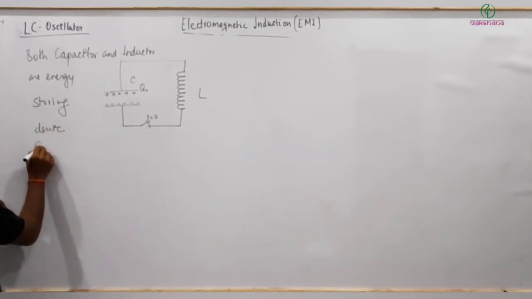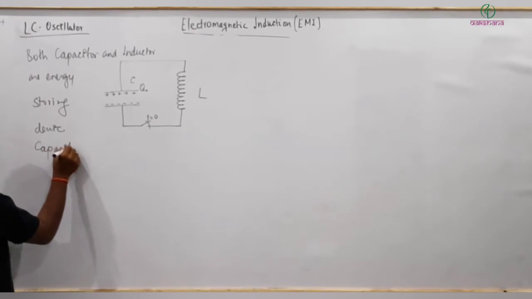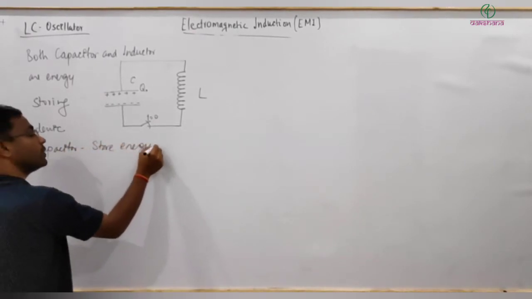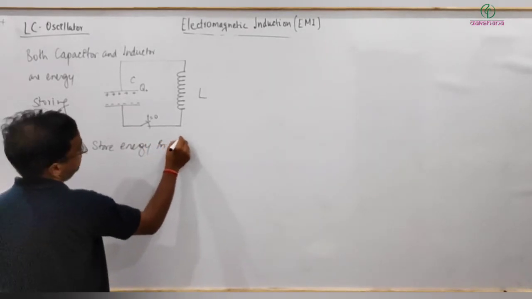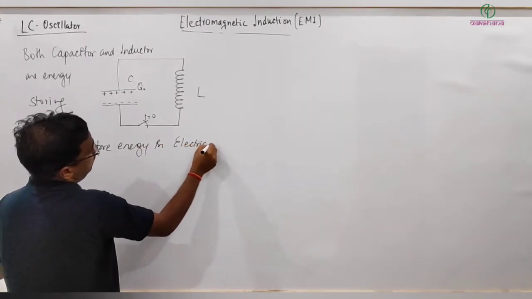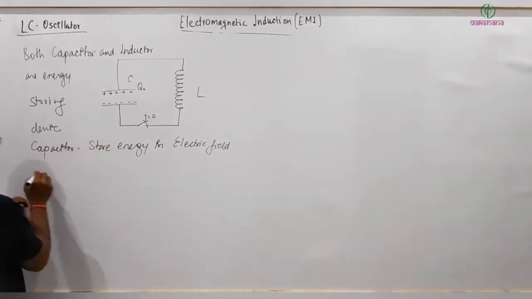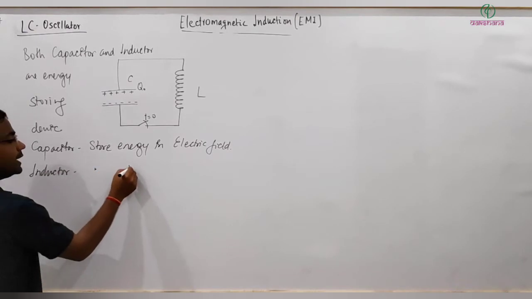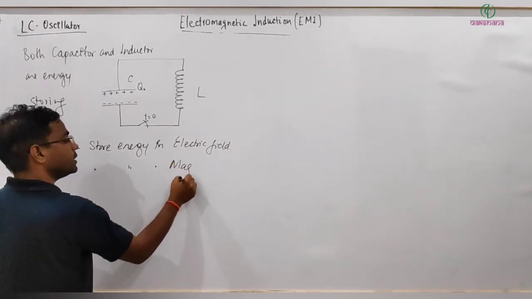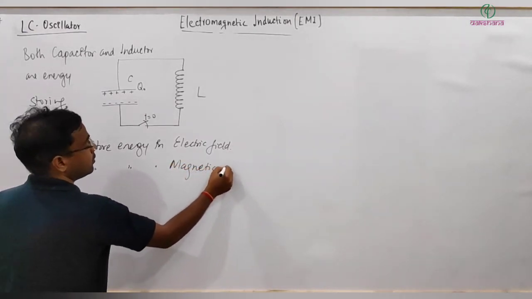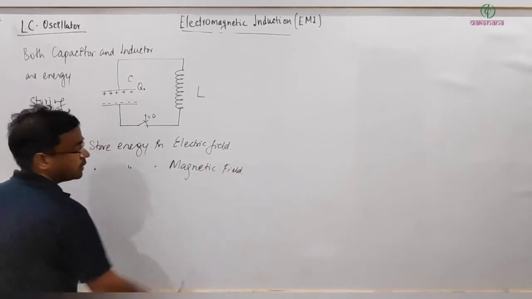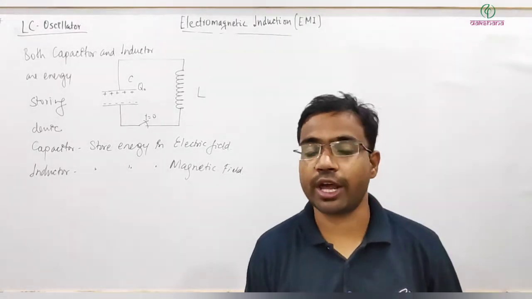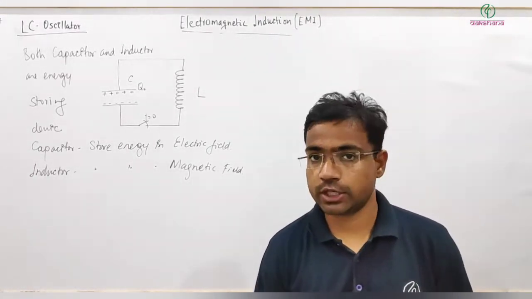So capacitor stores energy in electric field and inductor stores energy in magnetic field. Like we have seen already, capacitor energy stored is half CV square, inductor half L I square. So that is the thing.